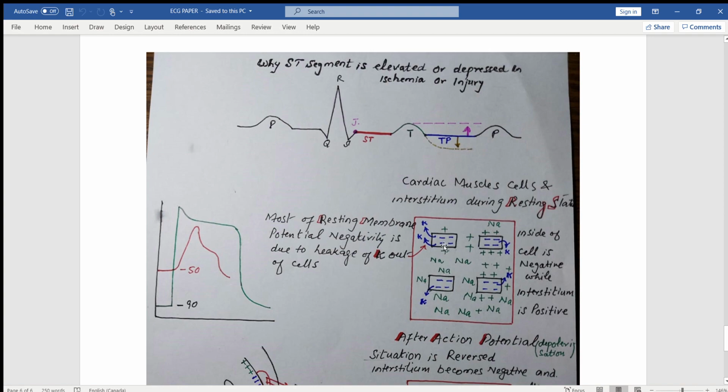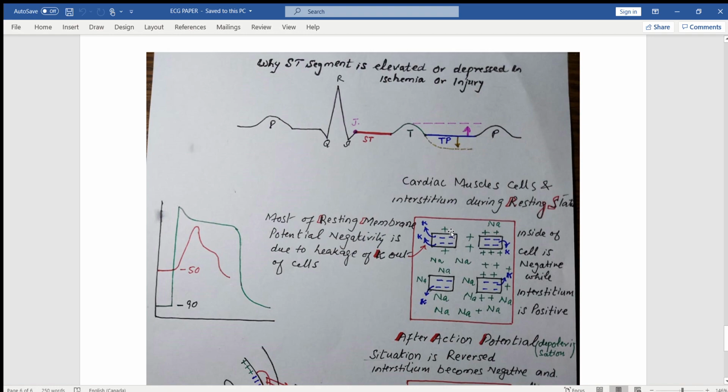Inside the cell it is normally negative, minus 90 millivolts. This resting membrane potential inside the cell is because of the leakage of potassium out of the cell. Here you can see the arrow showing potassium going out. This minus 90 negative potential is because of potassium leaking out of the cardiac cells through potassium leak channels.